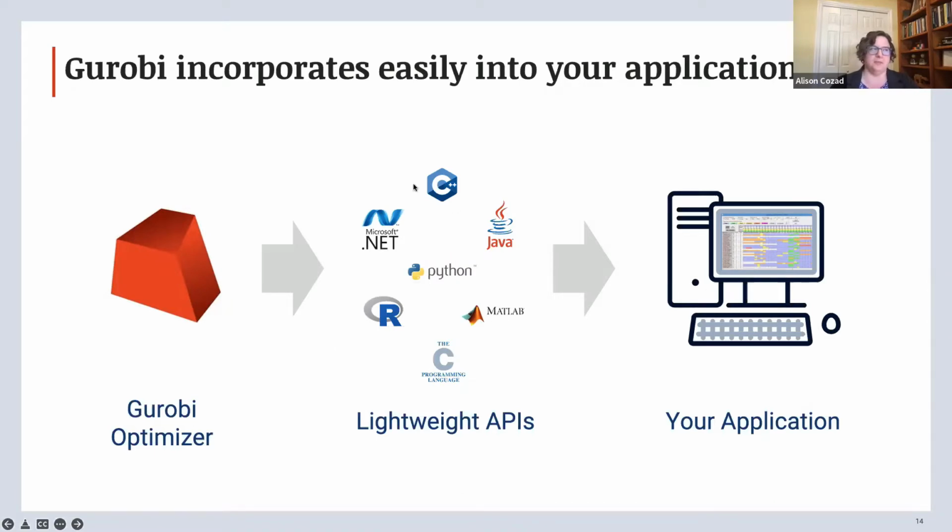And we also have a number of compiled languages, including C, Java, C++, and .NET. So again, this is more reflective of what your team might need to be proficient and efficient in picking up a new solver.